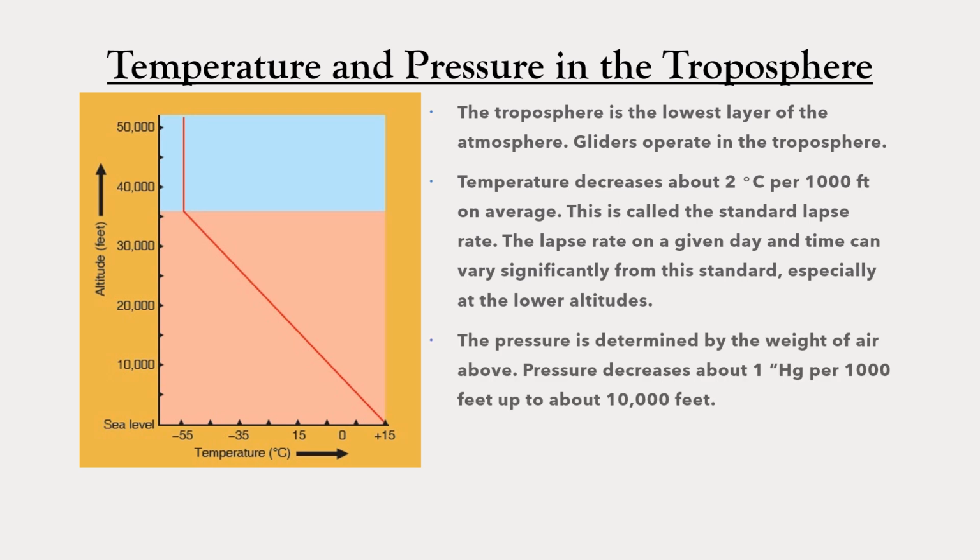The pressure throughout the atmosphere is determined by the weight of the air that's above that level of the atmosphere. And up to about 10,000 feet, the pressure decreases about 1 inch of mercury per 1,000 feet.